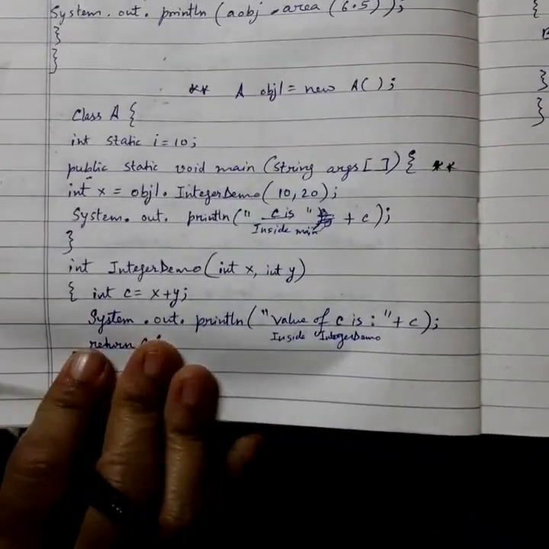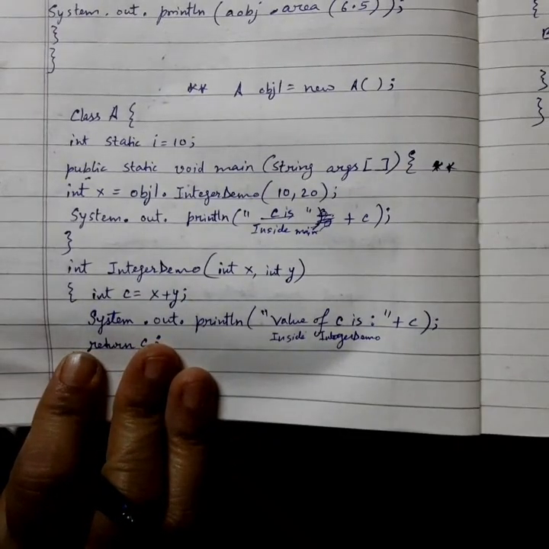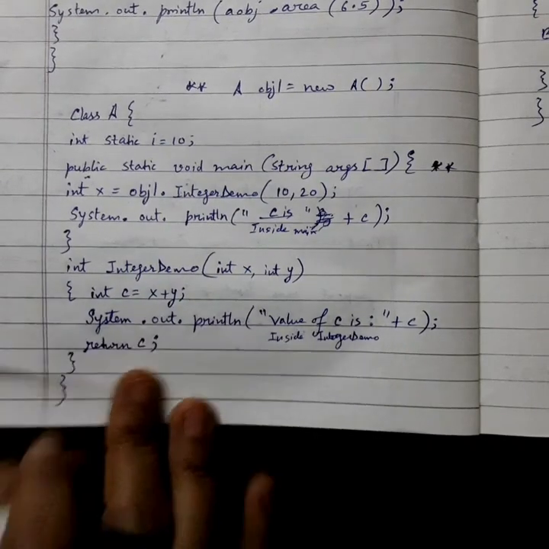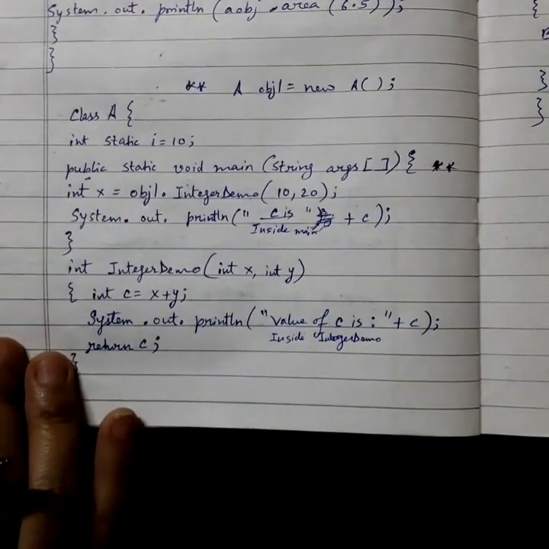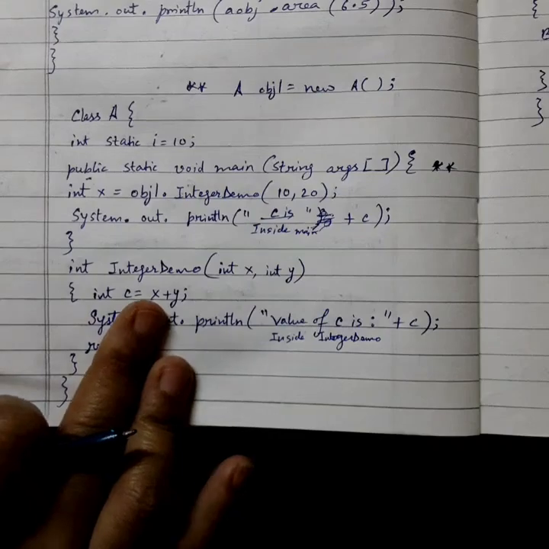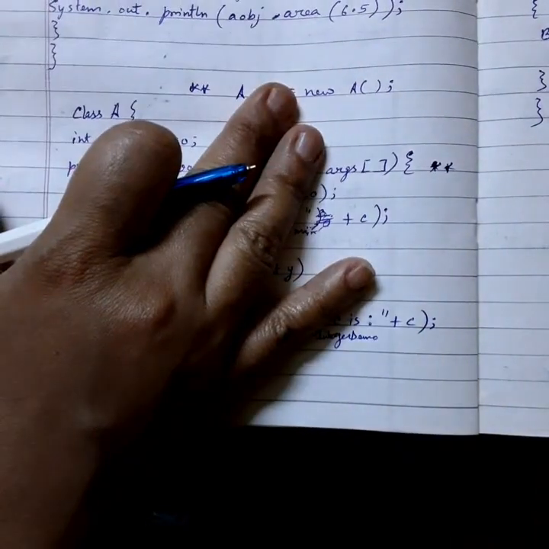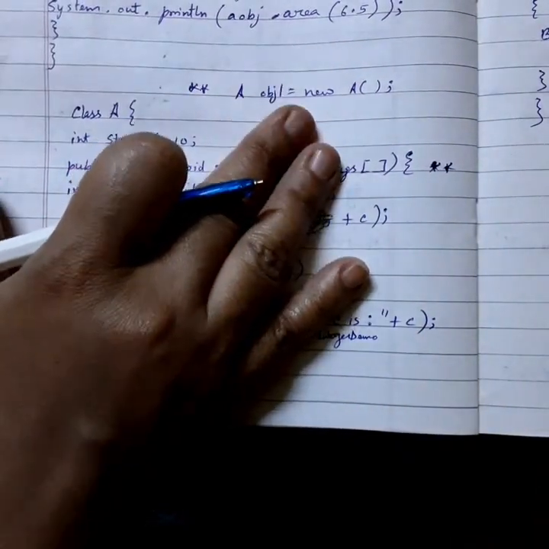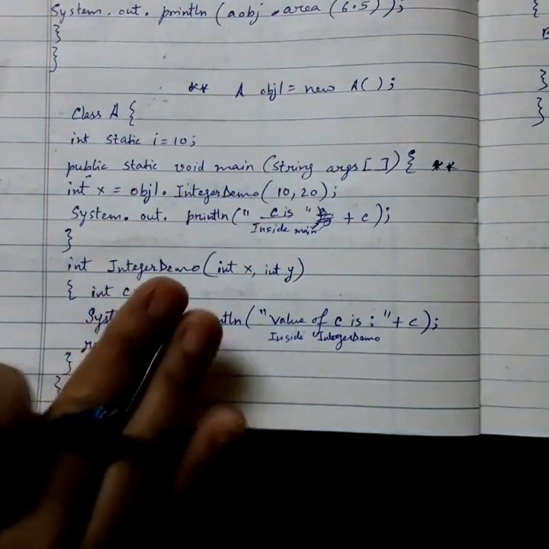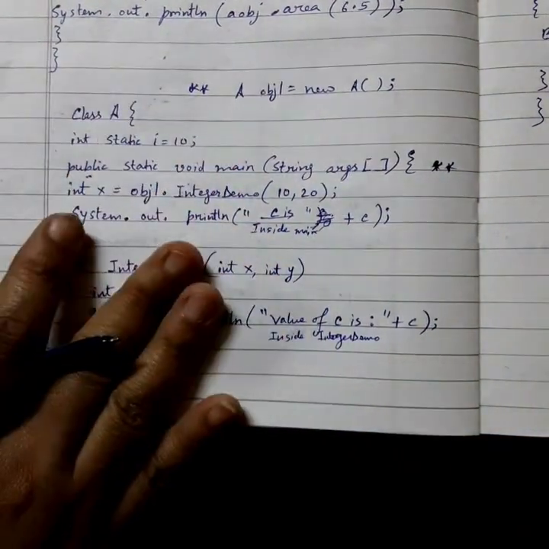So that is how this is the concept of data encapsulation of data and methods within the class, and how we are accessing the methods by creating an object. When we create an object, some memory is allocated to the data and the methods of this class.